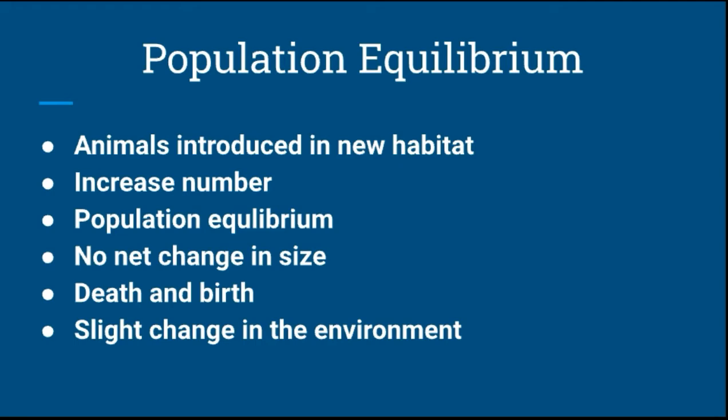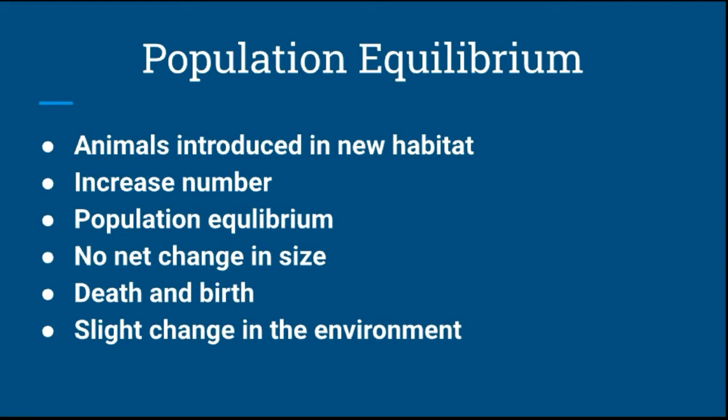That is called population equilibrium. It means a constant maximum number remains for a long period. At the equilibrium level there is no net change in the size of the population, and the death rate as well as the birth rate are more or less equal.